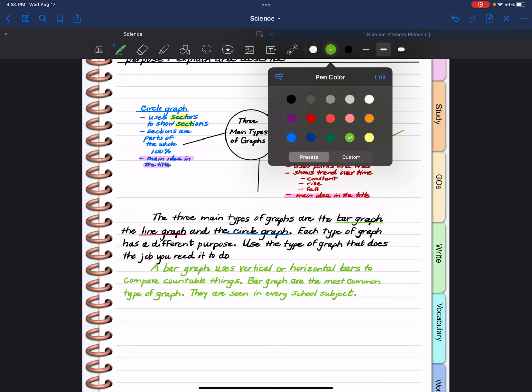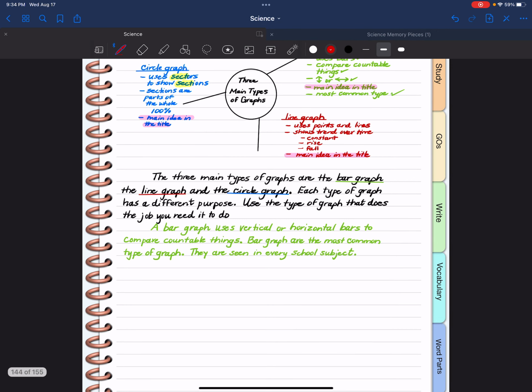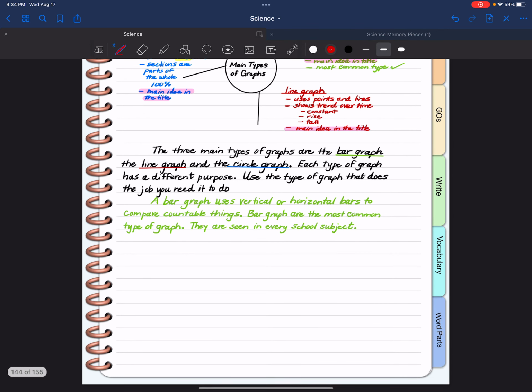Okay, line graphs. So we need to change to a new paragraph, which means we indent. Line graphs use points and lines to show trends over time.